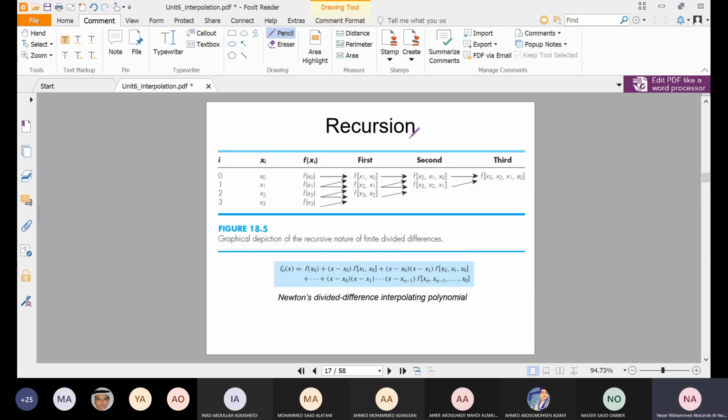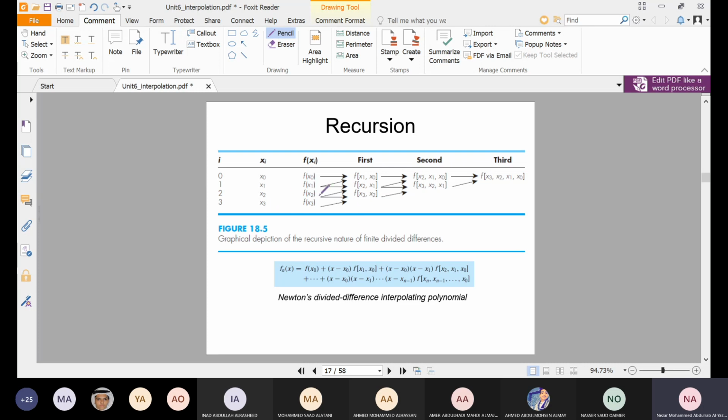So this is the regression here. After that, we can represent this divided difference in terms of regression, and usually this is what we give you during the exam in this form. So we give you the number of iterations, and the values of x's, and the estimation. Here we need to compute the first divided difference, the second divided difference and the third divided difference, depending on the data that you have.